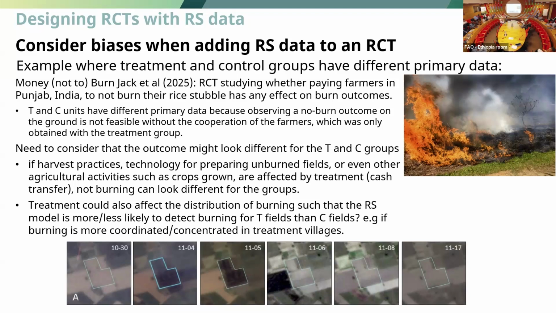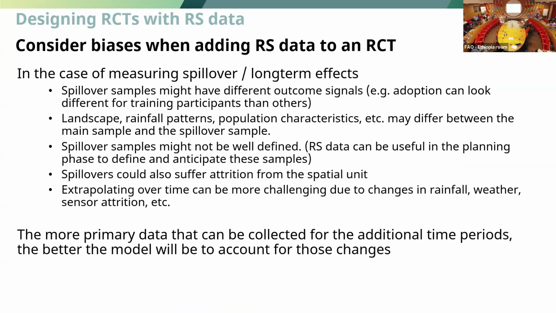So if the payments to the treatment group are causing them to do something different, like maybe they have money, so they're managing their crop differently than the control group does, or they're growing different things, or they're using different machinery, then the model might pick up burning differently for the two groups, which would then cause bias. So this is an issue we struggled with for a long time and go through repeatedly in this chapter.